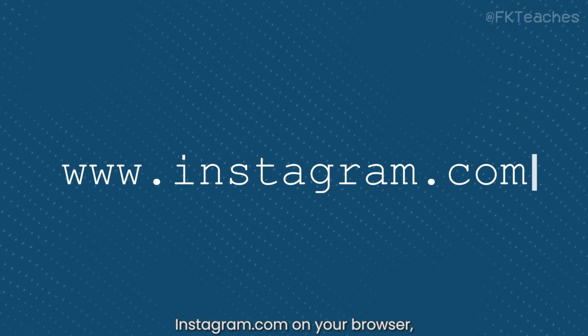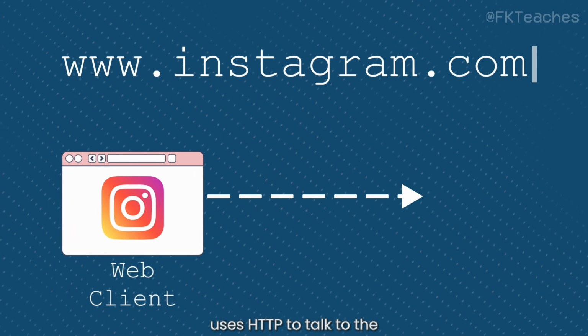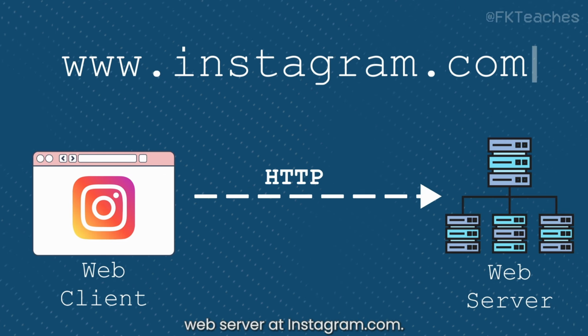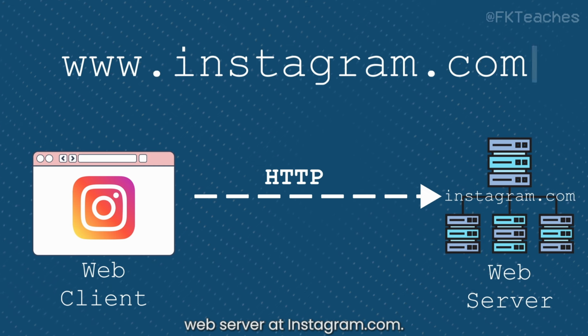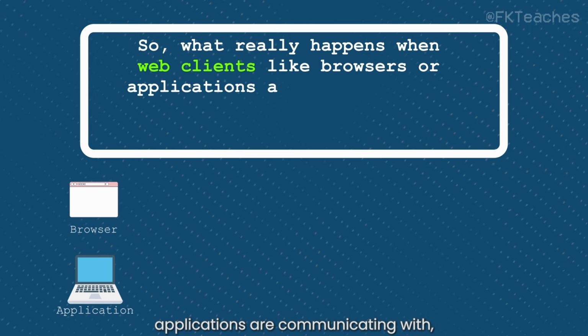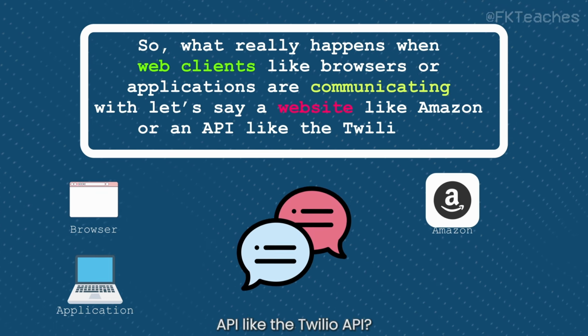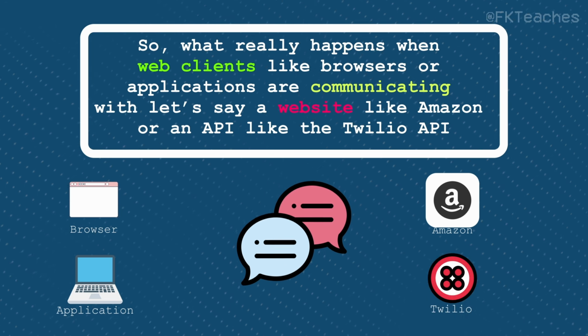So, when you load up a website like Instagram.com, your browser acts as a web client and uses HTTP to talk to the web server at Instagram.com. So what really happens when web clients like browsers or applications are communicating with, let's say, a website like Amazon or an API like the Twilio API?